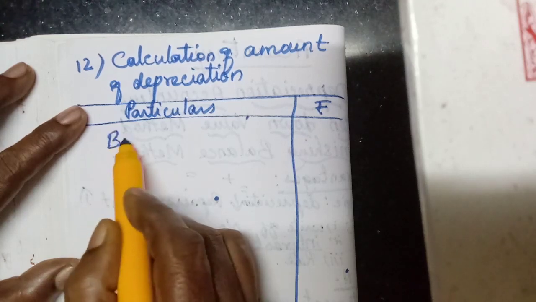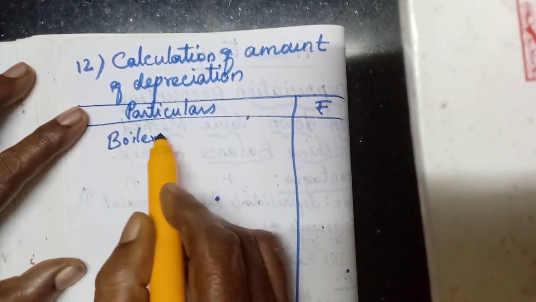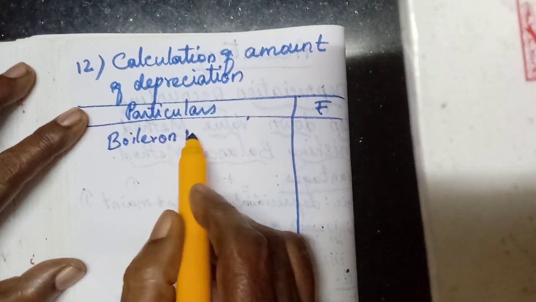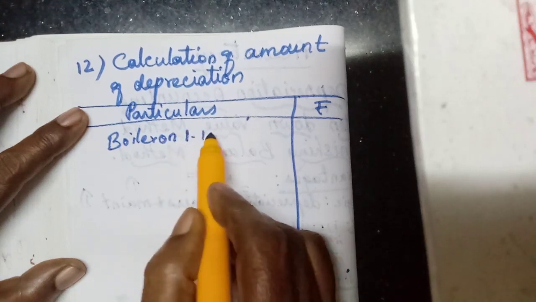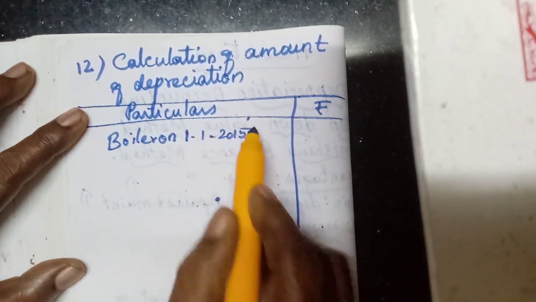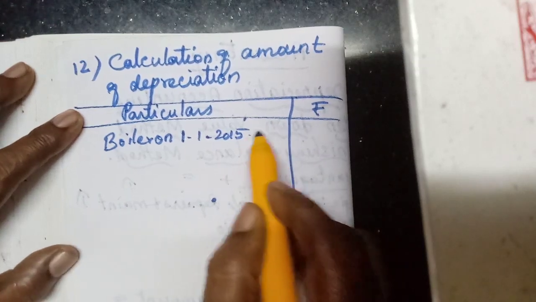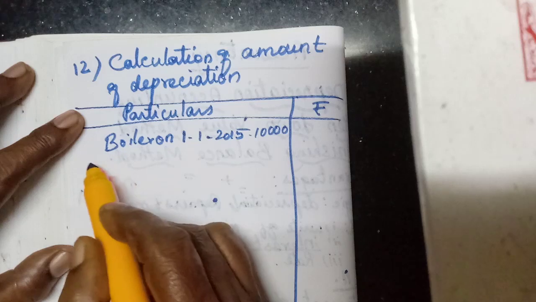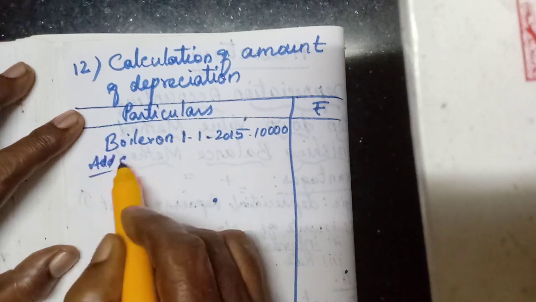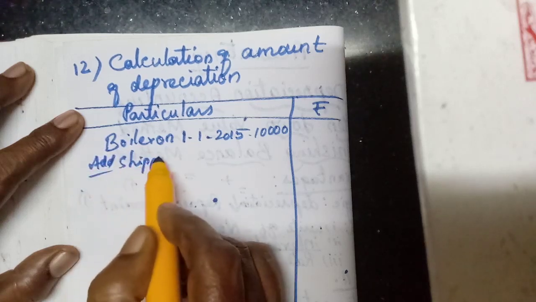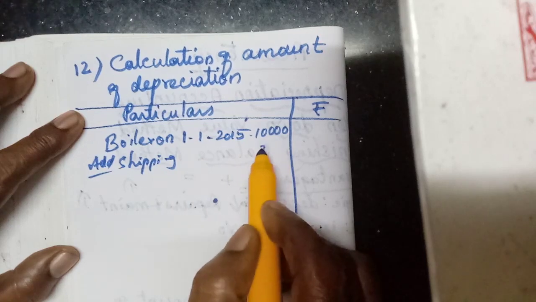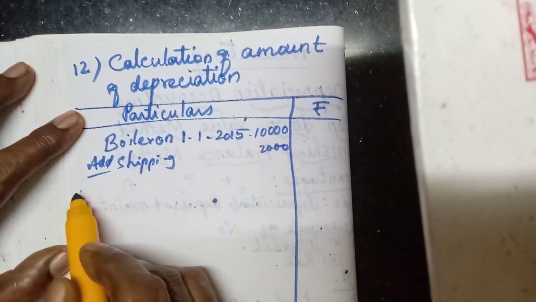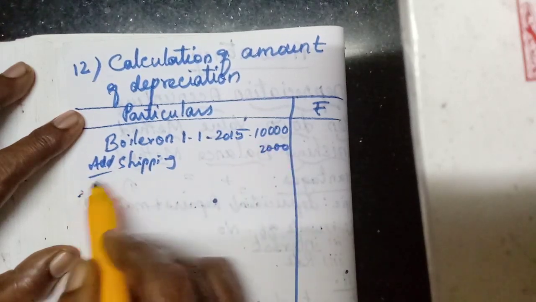The boiler is purchased on 1st January 2015. How much have we purchased? 10,000. Then add shipping 2,000. Then import duty.